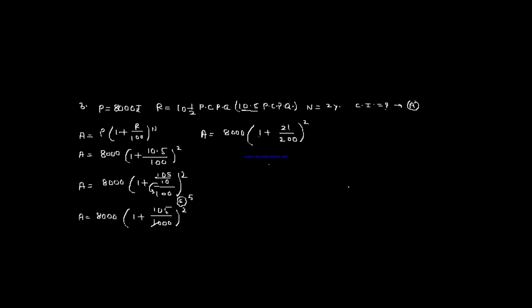So now in the further step we will do the cross multiplication. Chalo, let's do the cross multiplication. 200 1s are 200, 200 1s are 200, 21 1s are 21.